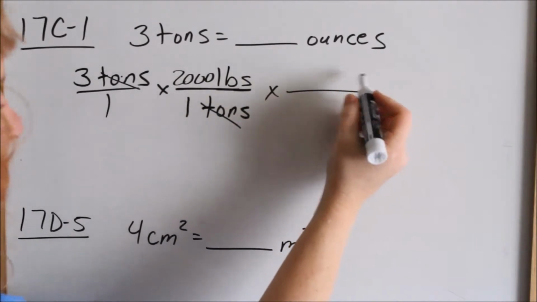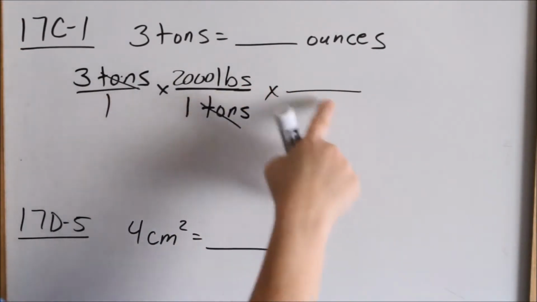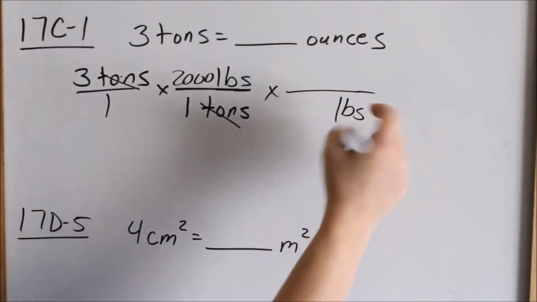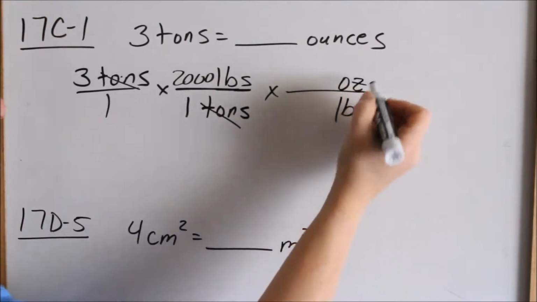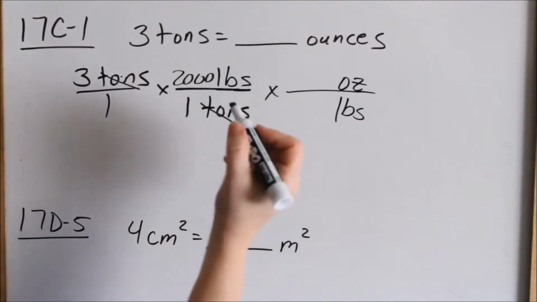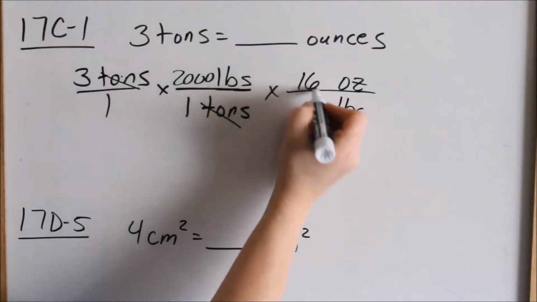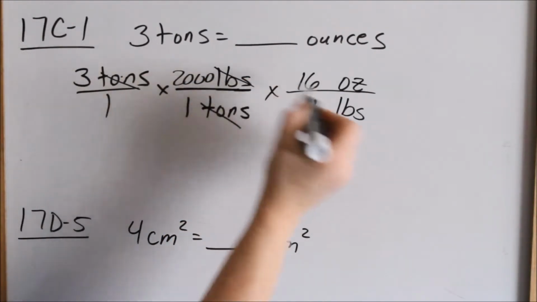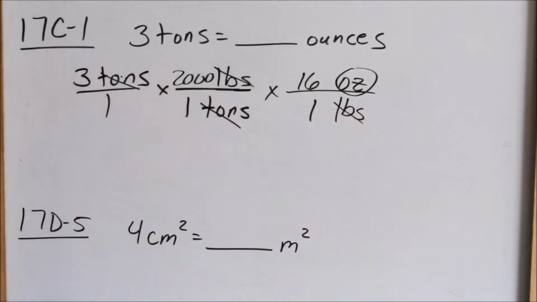If I have pounds here and I want pounds to go away, pounds needs to go in the denominator for it to cancel, which means ounces needs to go in the numerator. The conversion factor to that is 16 ounces equals 1 pound. So now my pounds cancel, and what I'm left with is ounces.